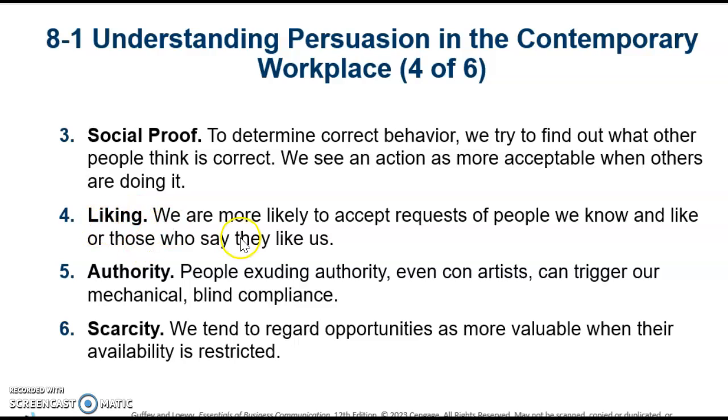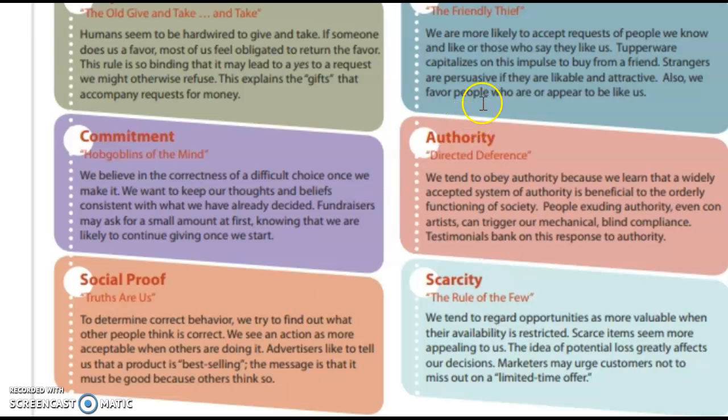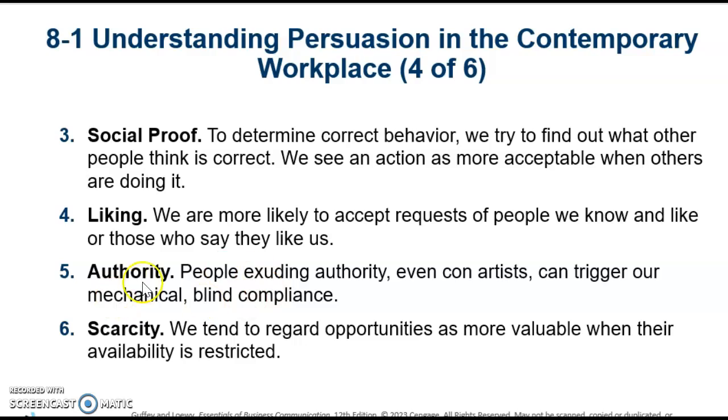The next one is liking. We're most likely to accept requests of people we know and like, or those who say they like us. And it says here, Tupperware capitalizes on this impulse to buy from a friend. And then strangers are persuasive if they are likable and attractive. Also, we favor people who are or appear to be like us. Next one is authority.